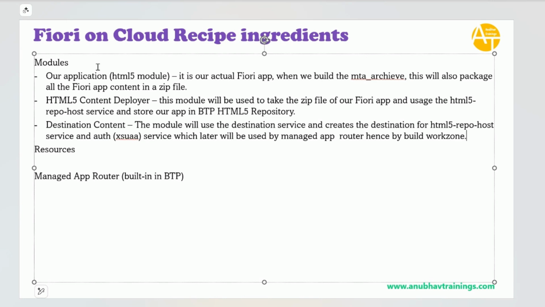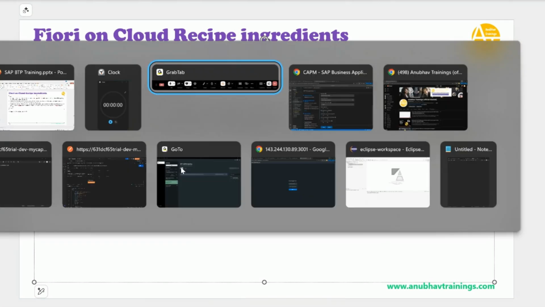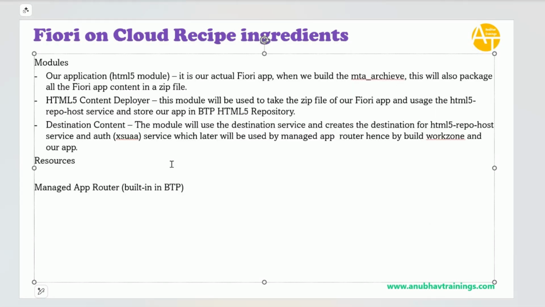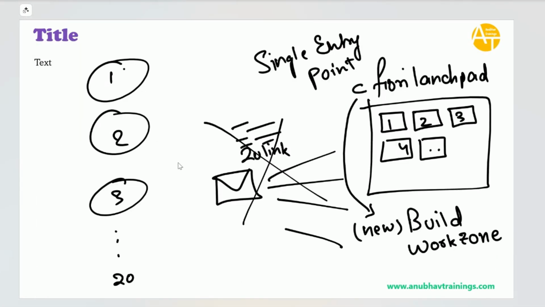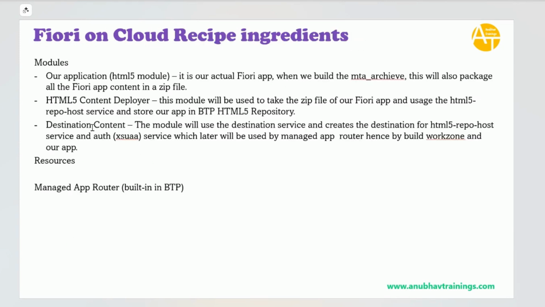Those destinations will be created by this destination content module, and our app, of course, to access UAA. So all these microservices that get created will also have a destination created, so these microservices can be consumed by different modules. That is the job of the destination content module.